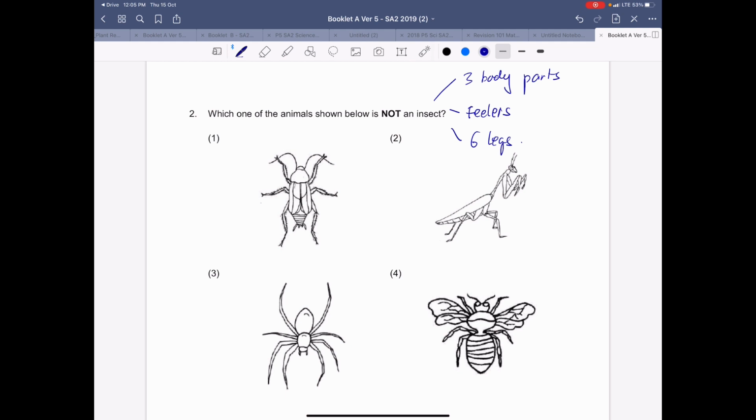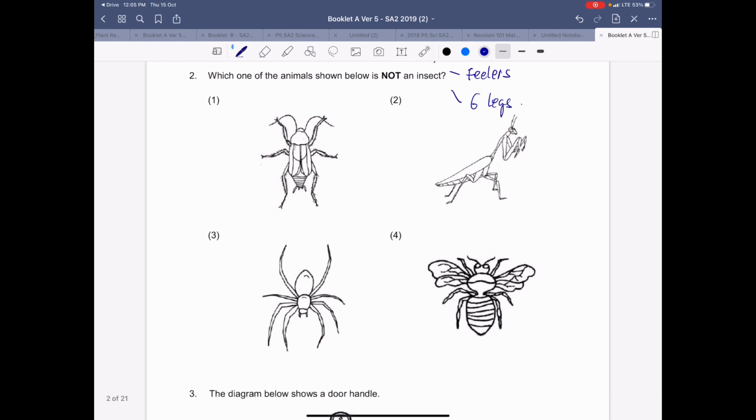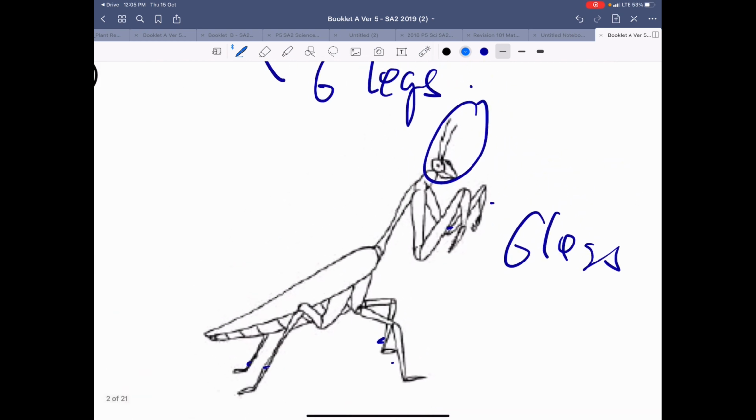Alright? So, praying mantis, 1, 2, 3, 4, 5, 6, 6 legs, 2 feelers, and 3 body segments. Where are the 3 body segments? You have your head, thorax, and abdomen. 3 parts.